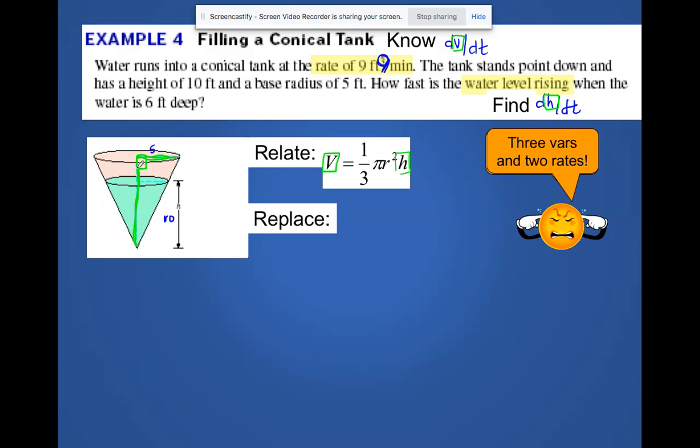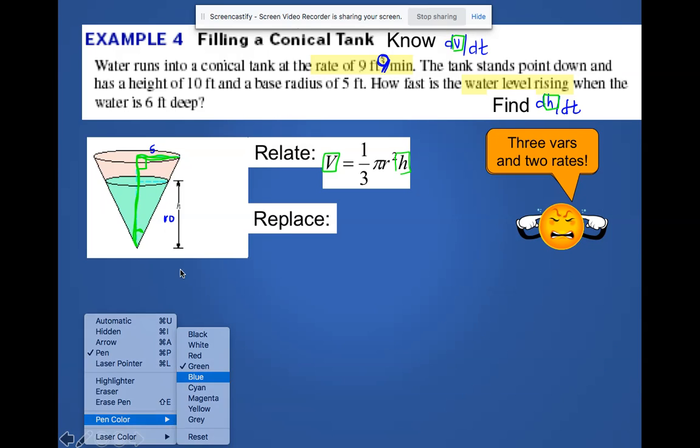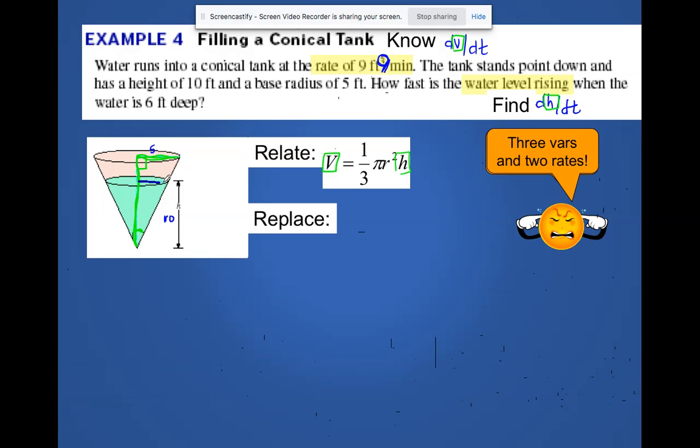One side is a 5 and one side is a 10. There is a right angle there and the vertex angle there. There is a second triangle that has a smaller radius and a smaller height. However, it also has a right angle and the same vertex angle.